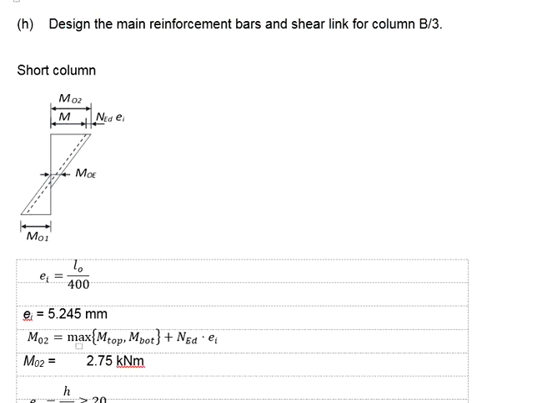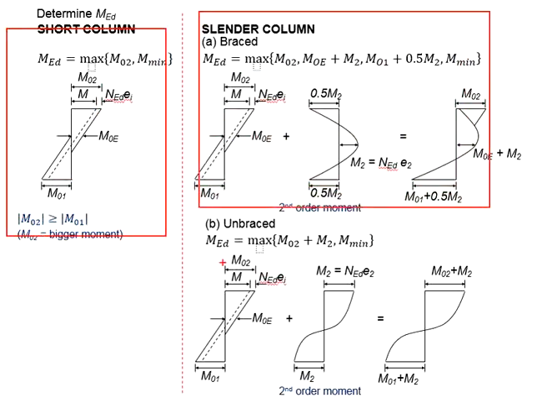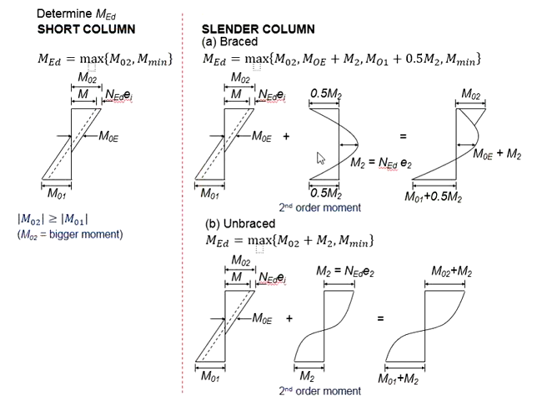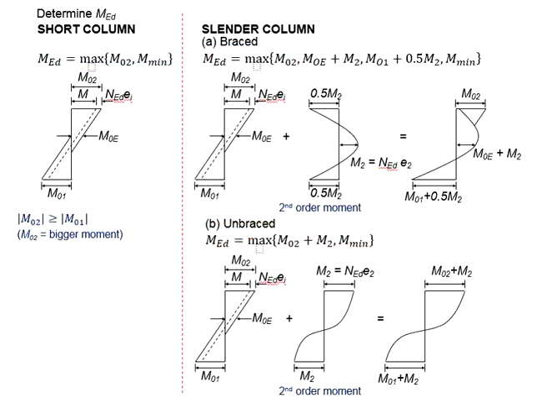In your solutions, you are strongly recommended to sketch the stress diagram for the columns that you are designing. It can be a short column, a slender braced column, or a slender unbraced column. The equations to determine the MEd vary significantly among different categories.